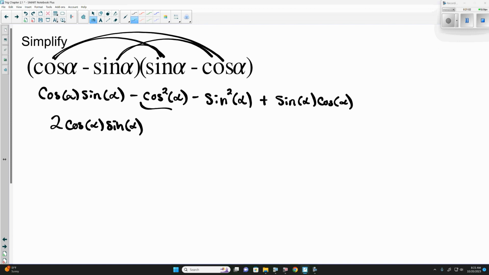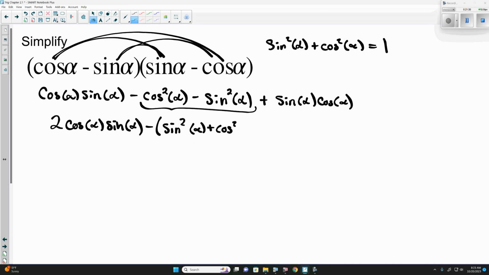But, and this is kind of just going back to this here, because if sine squared of alpha plus cosine squared of alpha equals 1, well, I could factor a negative out of both of these here, which would give me sine squared of alpha plus cosine squared of alpha. And this whole thing becomes 1.